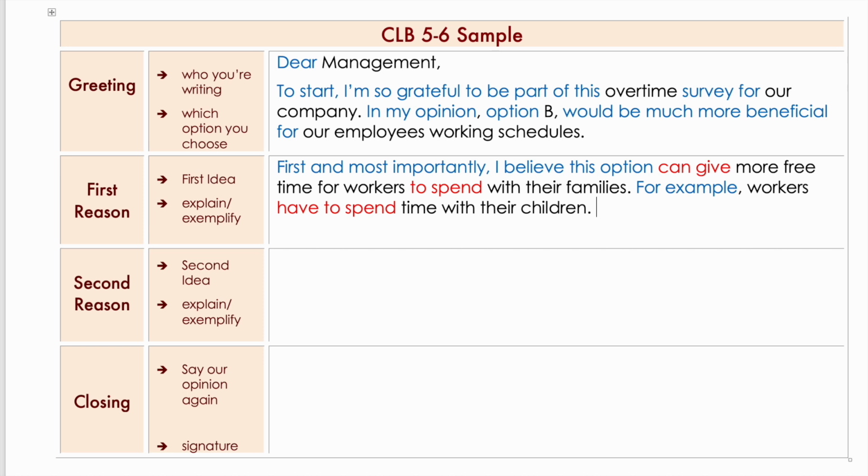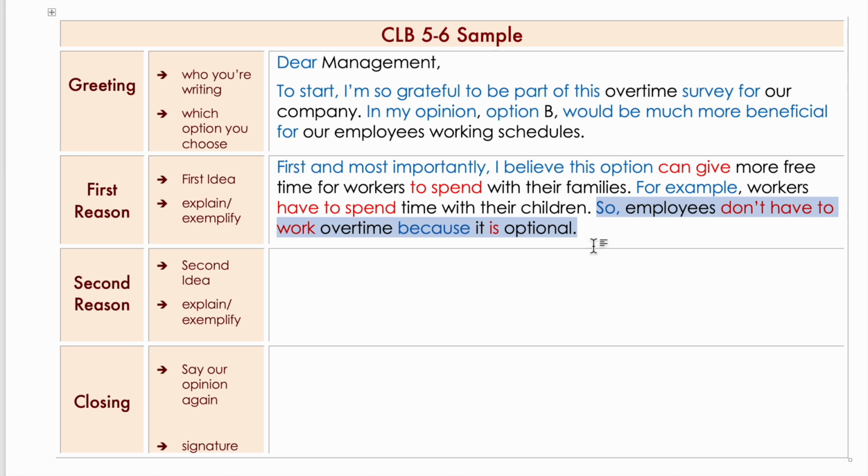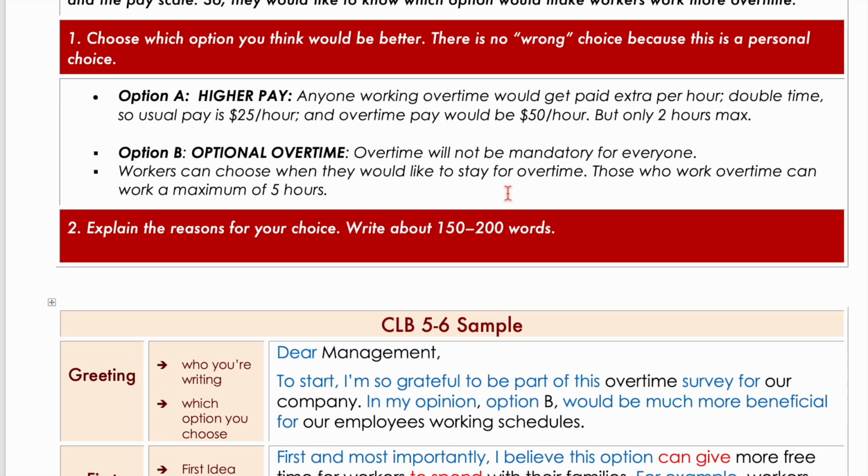So now let me explain a little bit. Let me explain one more sentence here, just to connect to the topic. So employees don't have to work overtime because it is optional. According to this option that we have, it says here optional overtime.